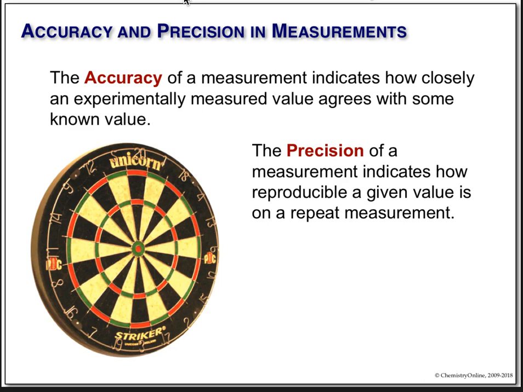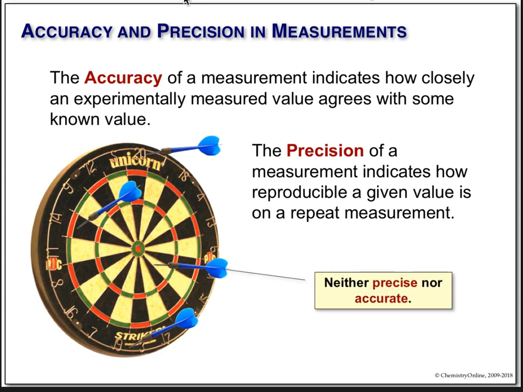This is a dartboard. If we did this, we would have an array that was neither precise nor accurate, basically all over the place. If this was a measurement, they would be everywhere. We're shooting for the bullseye. They're not accurate, nor are they precise.